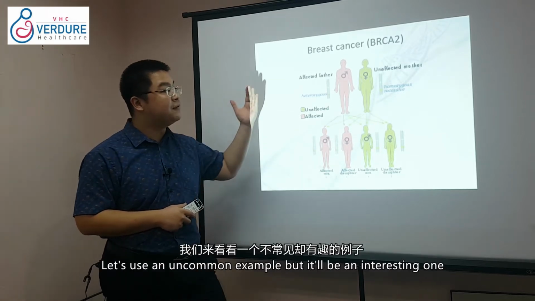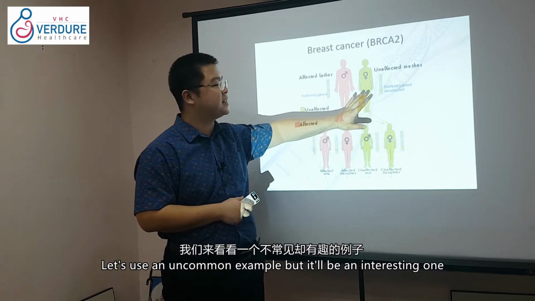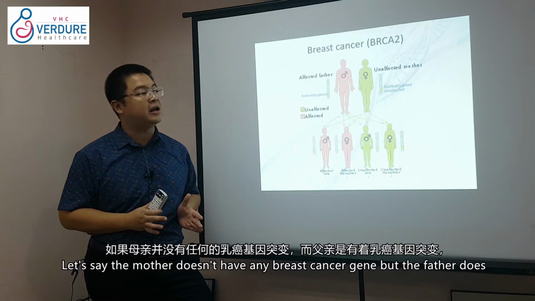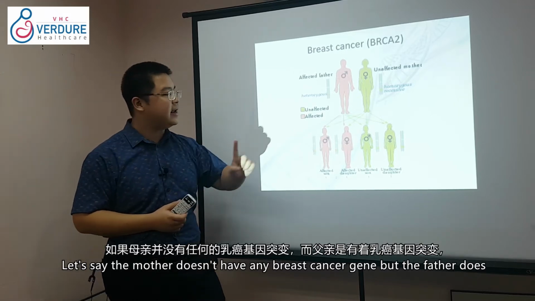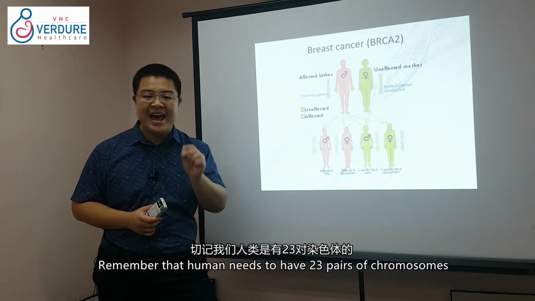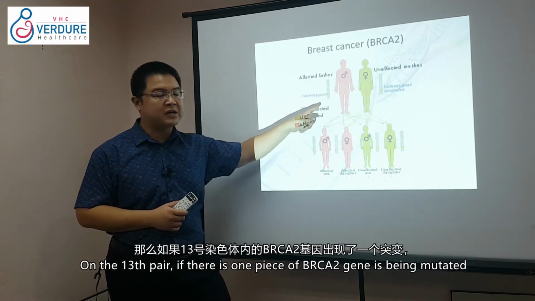So for example, let's use a more uncommon example, but it will be an interesting one. Let's say the mother does not have any breast cancer gene, but the father does, all right? Remember that humans, we need to have 23 pairs of chromosomes. So on the 13th pair, let's just focus on that.